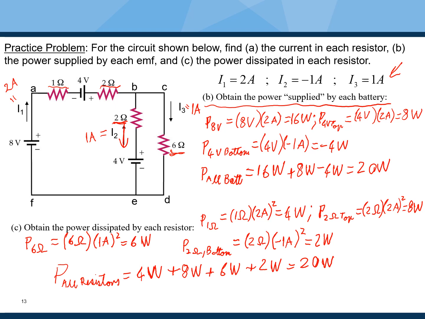Notice, happily enough, and exactly as expected, that we have 20 watts of power total supplied by the batteries, and that does indeed and must indeed match up with the power drained by all the resistors.